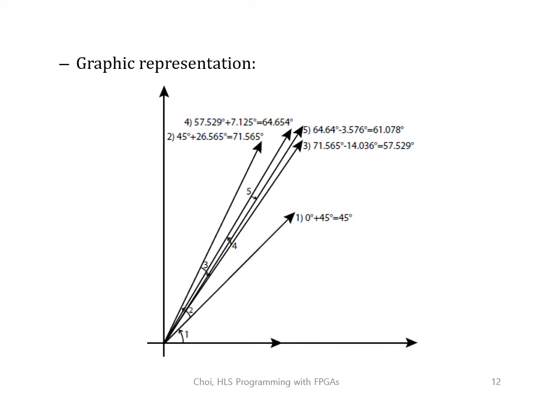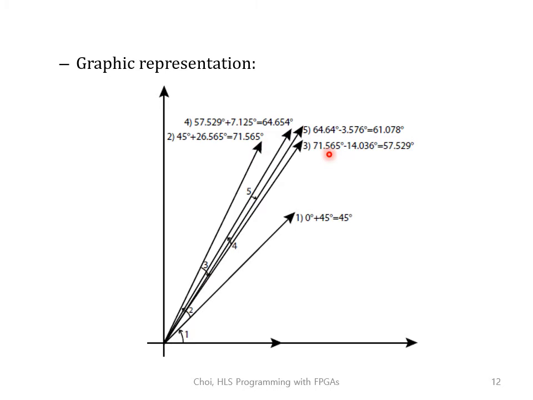This is the graphical representation of the CORDIC calculation we have just done. In the first iteration, we go in a positive angle, 45 degrees, but it is less than the target 60 degrees. So in the second iteration, we again go in a positive angle, and we go 26.565 degrees. Okay, now it is 71.565 degrees, which is over 60 degrees.